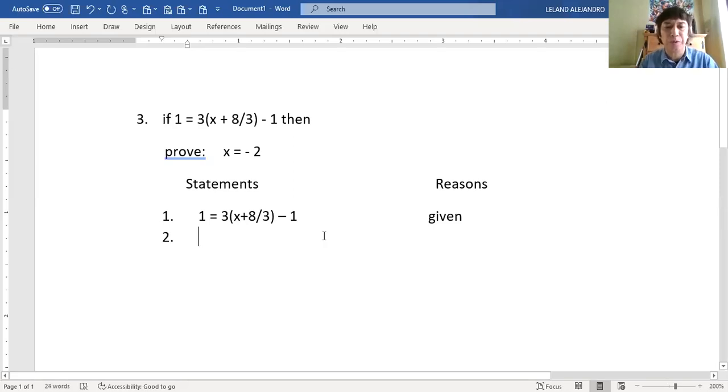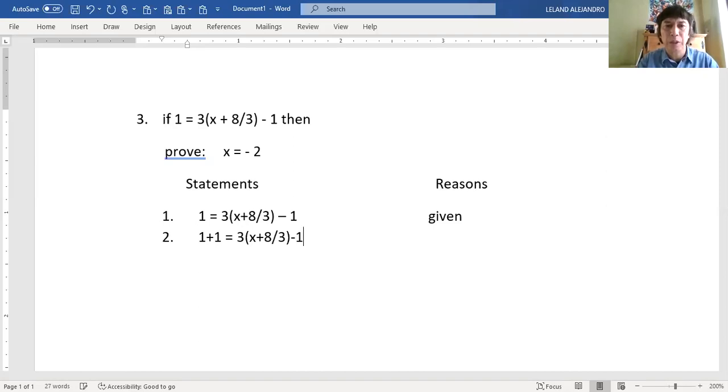Add 1 to both sides. So we're going to have addition property. We add 1 to 3 times the quantity x plus 8 over 3. And we still have that minus 1 there. And we shall apply addition of 1 there. So our reason is addition property of equality there.